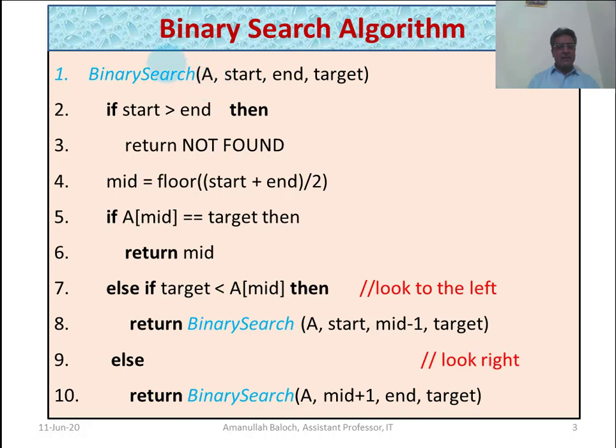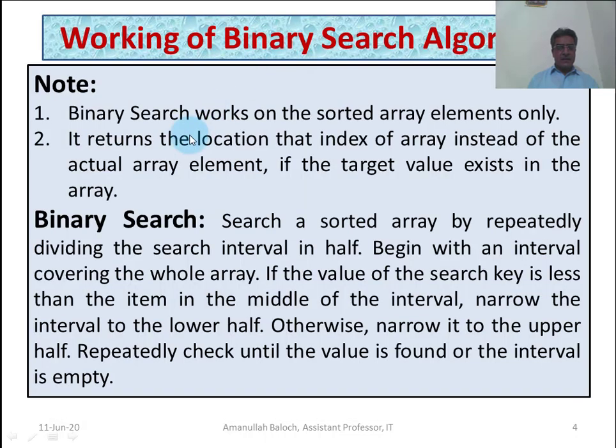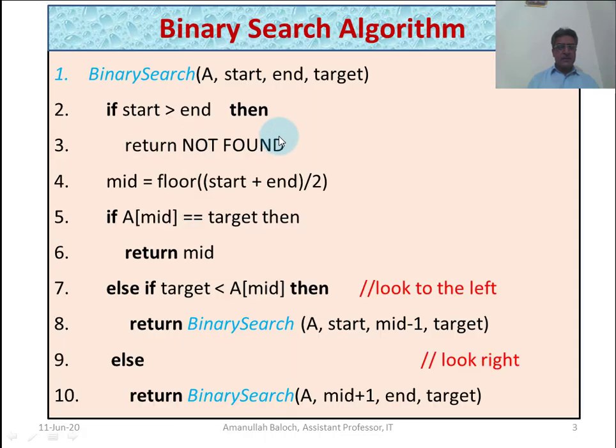If there is an array of 1 lakh elements, then in the first iteration this algorithm will divide it into 2 arrays of 50,000 elements, and it will judge which half section of the array contains the target value. It will continue with that section and leave the second half.